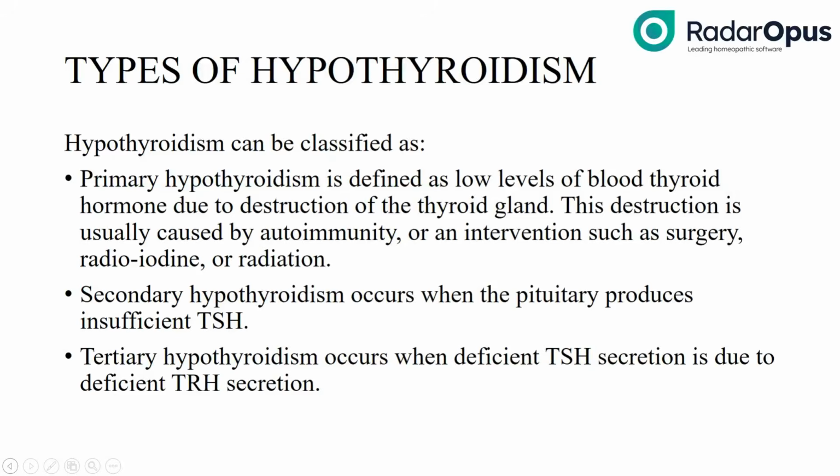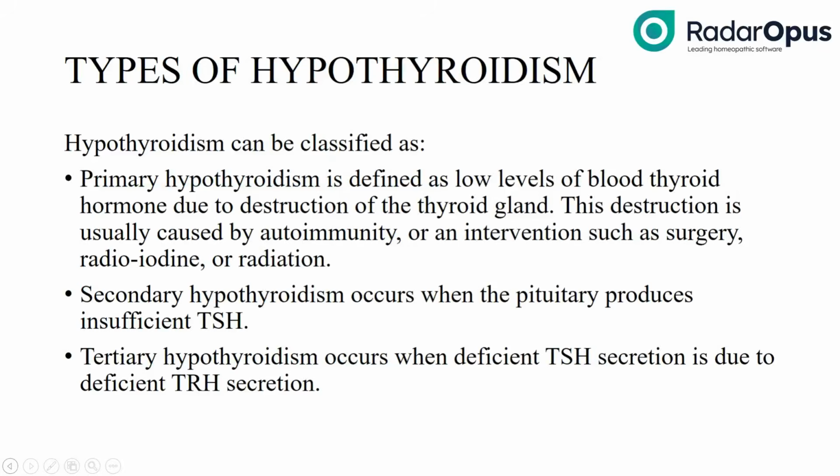So, primary hypothyroidism is due to the destruction in the thyroid gland. The defect lies in the thyroid gland. In the HPA axis, the hypothalamus pituitary axis, the defect lies in the endocrine gland.